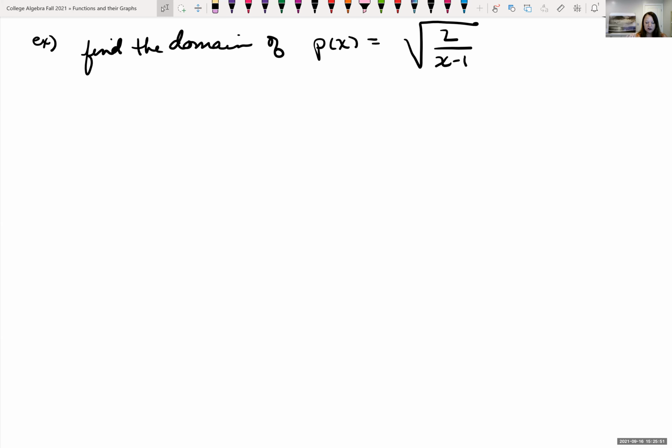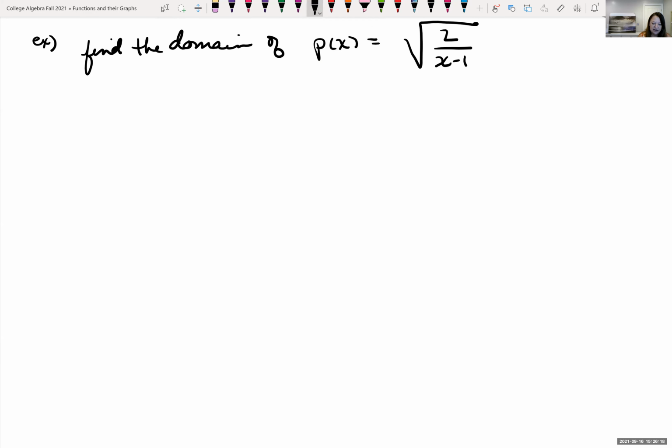And trouble spots occur at values which set our denominator equal to 0, or values which give us a negative number underneath an even powered radical. So I notice I have a square root, so I might have some problems here. I also notice that I have 2 over x minus 1. I have a variable in the denominator, so I'm going to have a problem there.